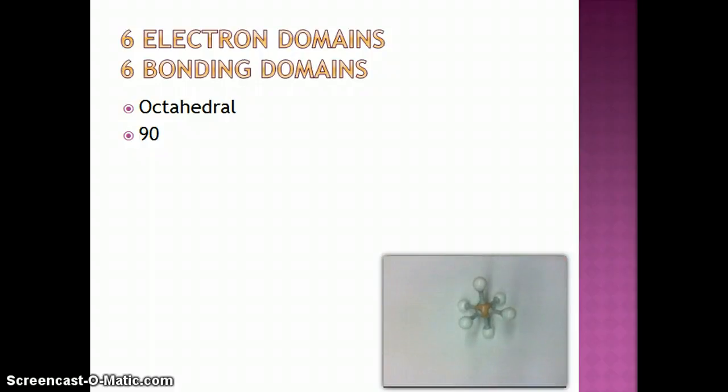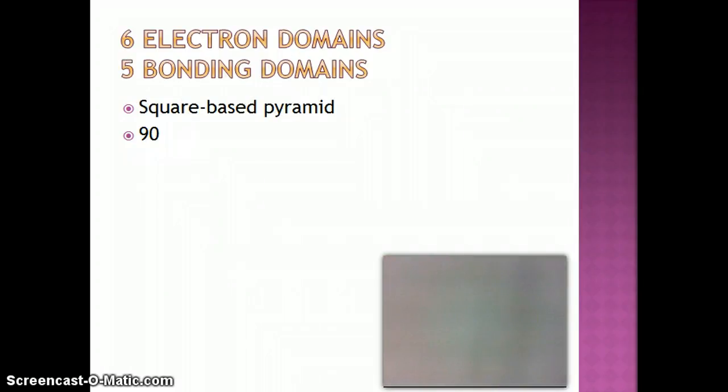And so now let's go from 6 electron domains and 6 bonding domains, down to 6 electron domains and 5 bonding domains. And so now this is that same sort of shape, except that shape now is missing one at the bottom. And when we do that, you can see that this guy looks kind of like a pyramid, right? And what shape is the base? It's square.